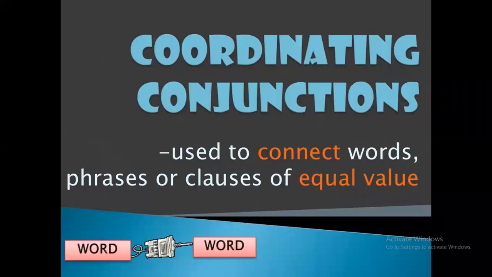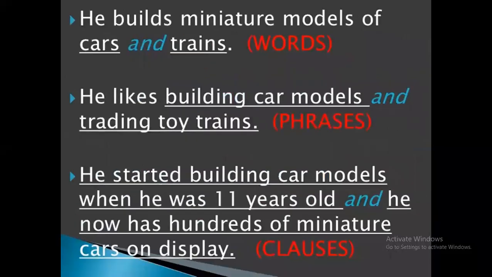Okay. So coordinating conjunctions means both the values that you are joining, both are equal. But in subordinating, one is more important, one is less important. Okay. I'll explain it to you when we come to subordinating conjunctions. So just remember that coordinating conjunctions join words, phrases, or clauses of equal value.